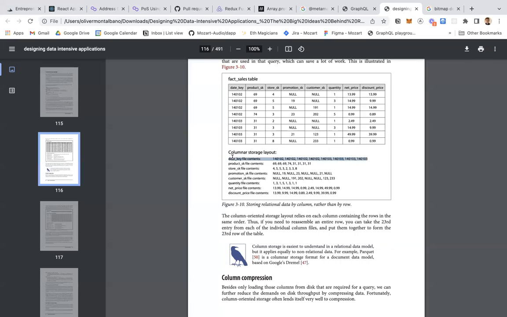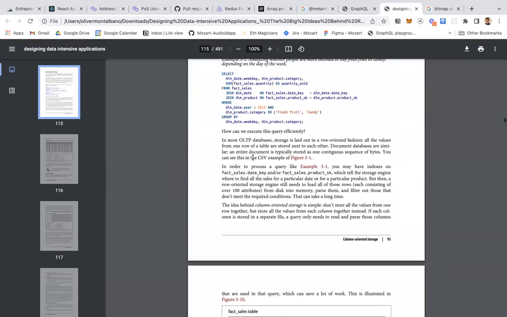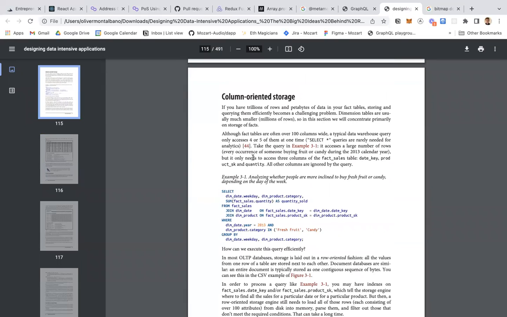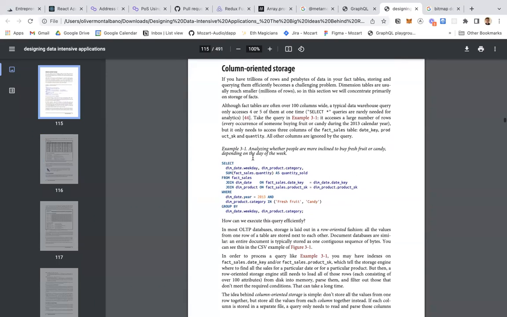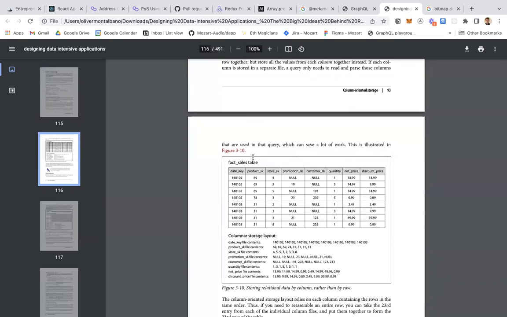So like this is a table, right? What I'm thinking is, okay, we see the column values. Let me go back to the figure. It's product SKU 69, 69, 69, 74, 31, 31, 30, 31, right? Even though there's like 9 of these values, there's actually only 3 distinct ones.